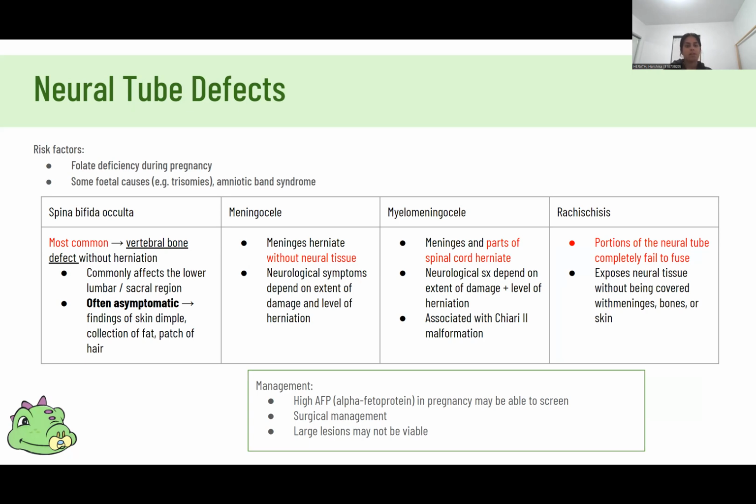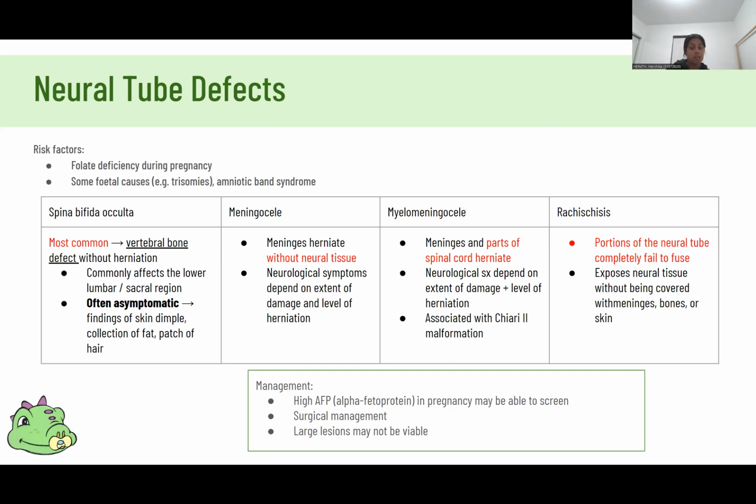Spina bifida occulta is the least severe form, and therefore also happens to be the most common form. It's where the vertebral bone itself does not fuse, and so there is no herniation of neural tissue. And then meningocele is where the meninges and also the vertebral body do not fuse, so the meninges herniate, but again, no neural tissue is affected.